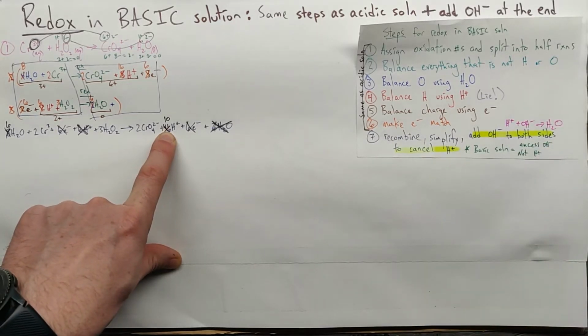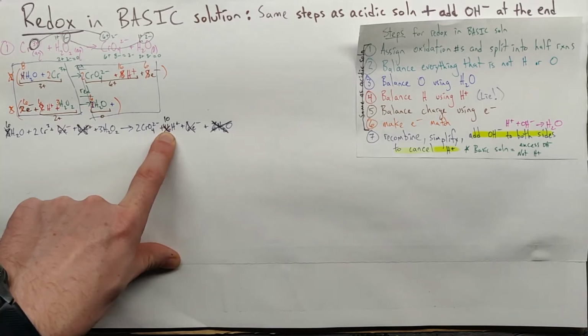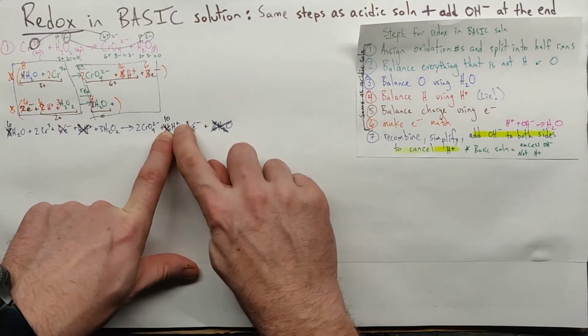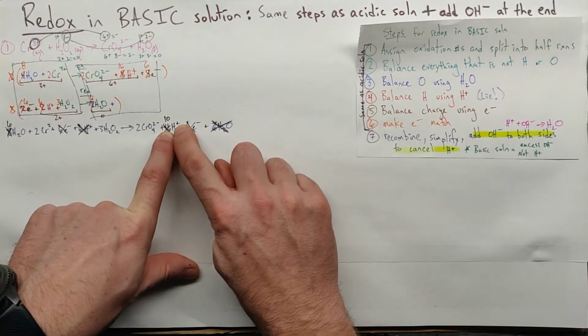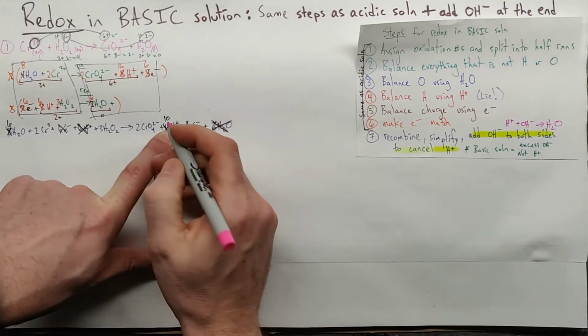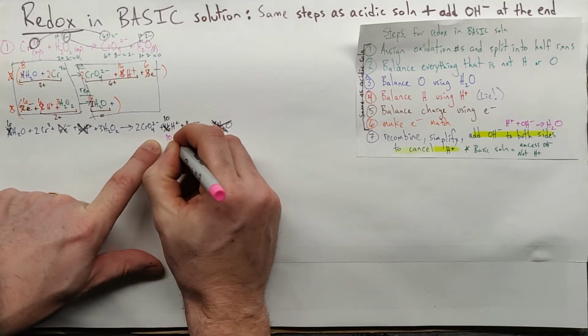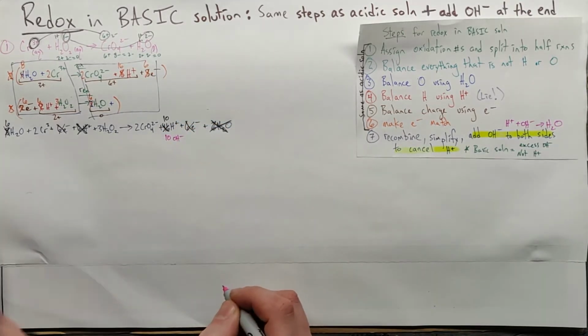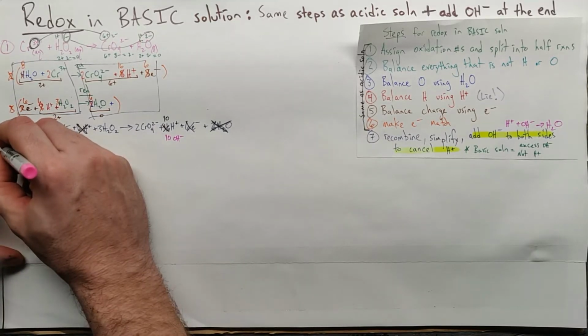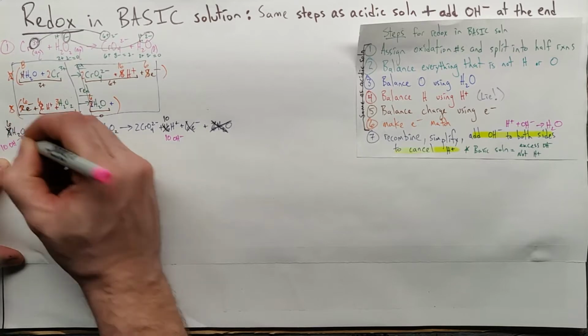In math class, you can't just do something to one side, but if you do the same thing to both sides, that's totally okay. Well, I need to get rid of 10 H pluses, and I'm going to do that by adding 10 OH minuses. And that's okay as long as I do the same thing to the other side. And I didn't really leave room here, 10 OH minuses.